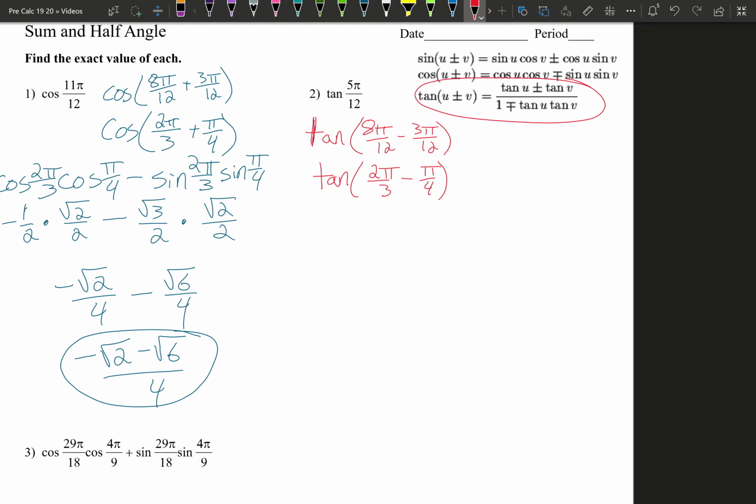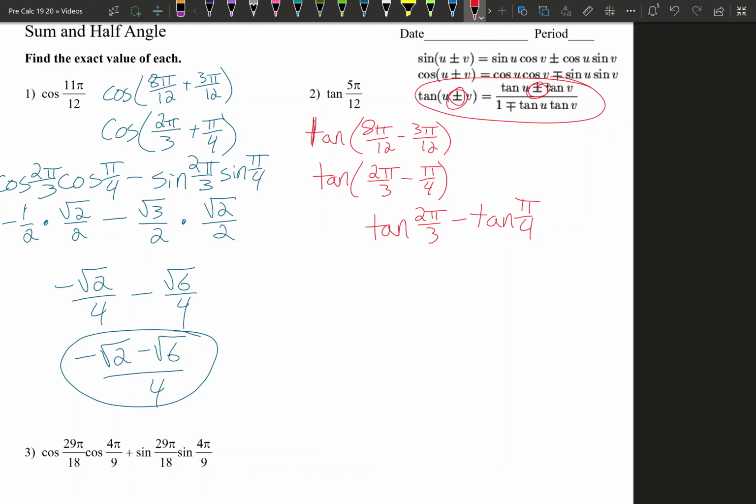Then our tangent identity here is going to work the same way as our cosine and sine ones, where we just start substituting in our angles. So 2 pi over 3 is our first angle. So our numerator is going to be tangent of 2 pi over 3 minus tangent of our second angle. The numerator stays the same because it's plus or minus.